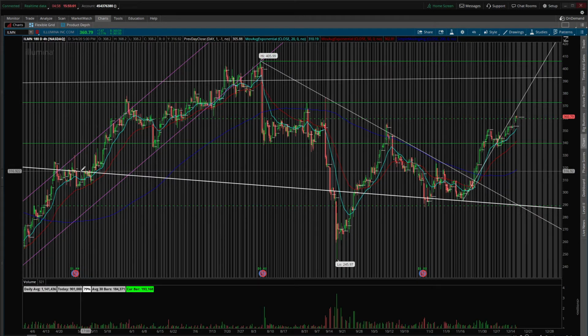As you can see, from 315, after bouncing briefly off of this 50 EMA, around 300, after this earnings report comes out, we bounced all the way up to 378. So 70 points on a $300 stock after a positive earnings report.